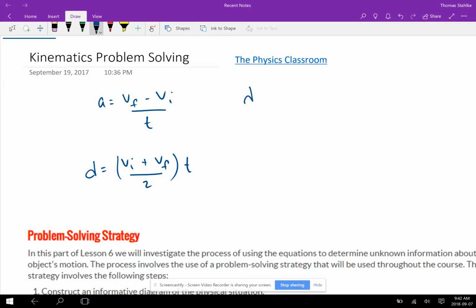Our third equation, in no particular order, was displacement is initial velocity times time, plus 1/2 a t squared. And then our final equation. So these are four different equations that we use as we're solving accelerated motion problems.